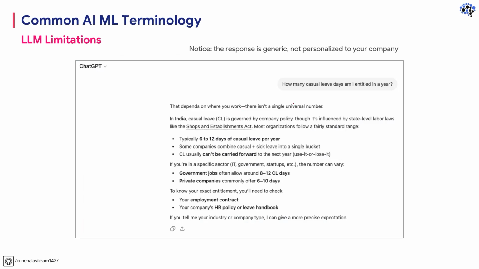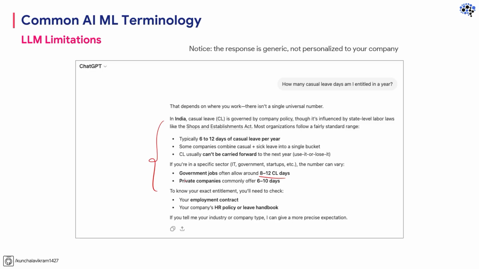And one more example: if I ask ChatGPT or any other LLM how many casual leave days I am entitled to in a year, you can see it has given me a very generic response. It says typically it will be like 6 to 12 days, or 8 to 12 in the case of government jobs or private sector jobs.